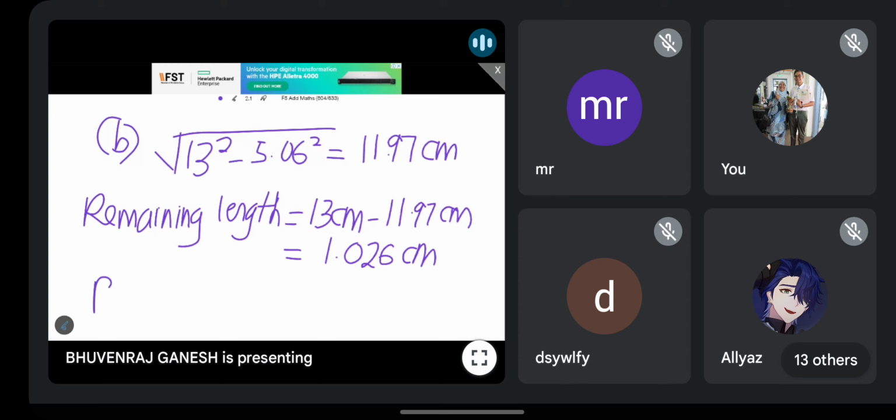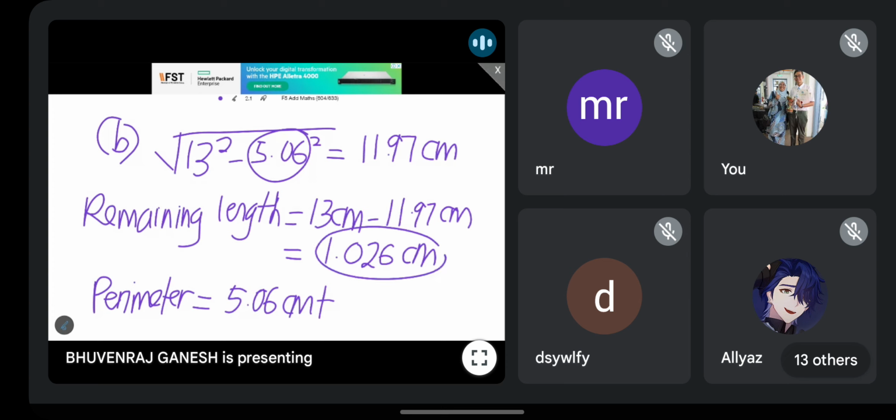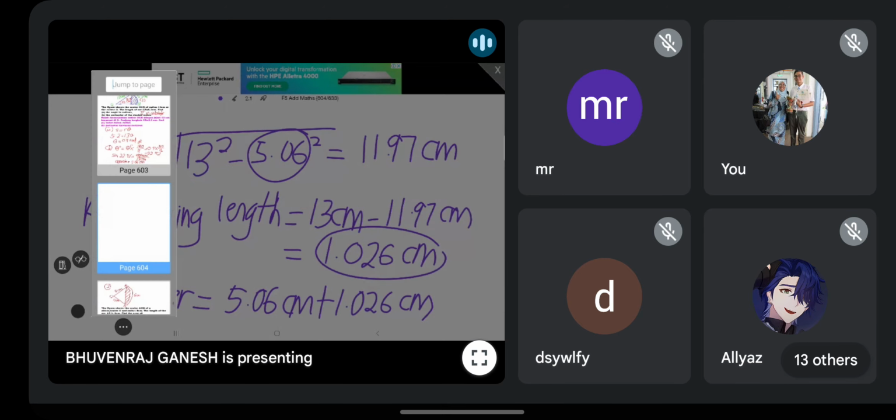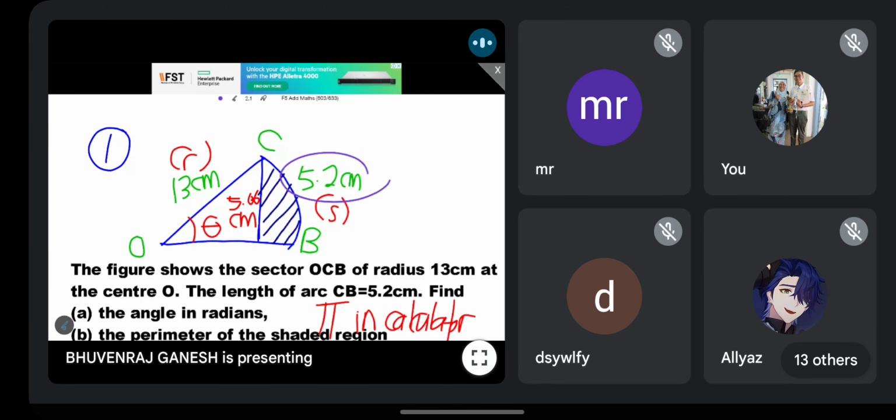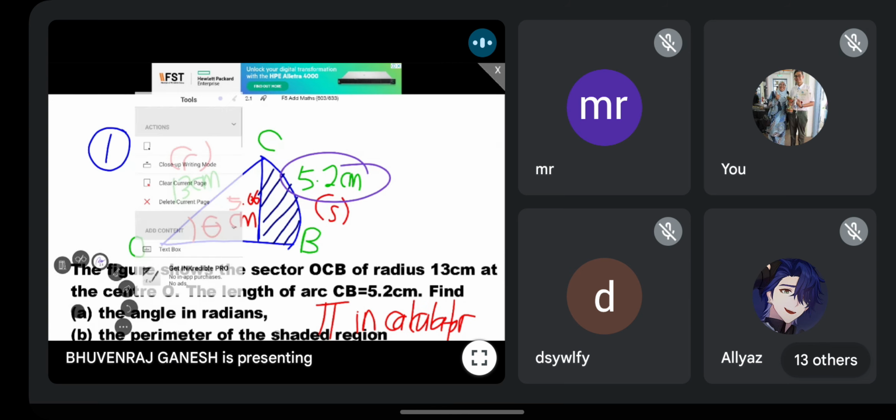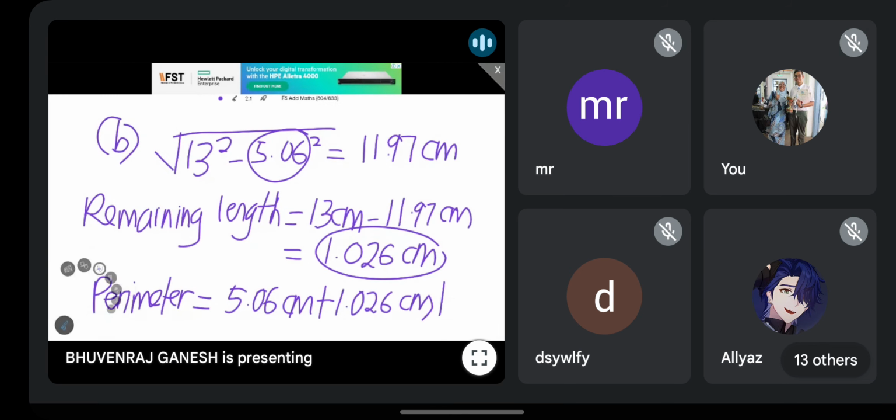Okay, so now kamu boleh carilah perimeter equal to jawapan yang kamu dapat tadi, tambah dengan remainder length, tambah juga dengan panjang lengkok kamu. You add with your length of arc. Perimeter of shaded region means you must go through all the three sides. Kena lalui semua 3 sisi. So plus 5.2. So, akhirnya kamu akan dapat.